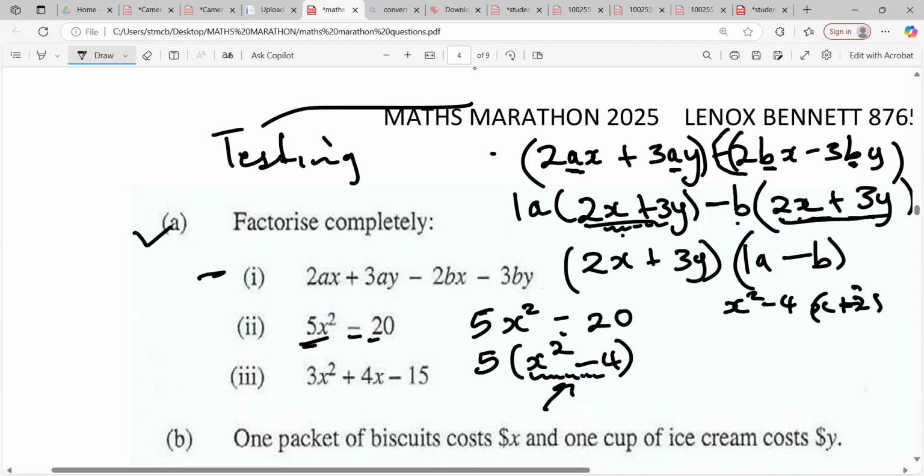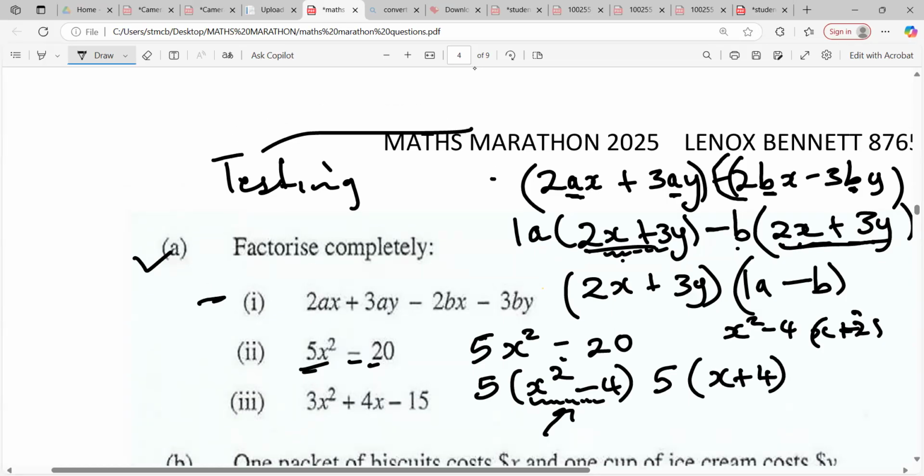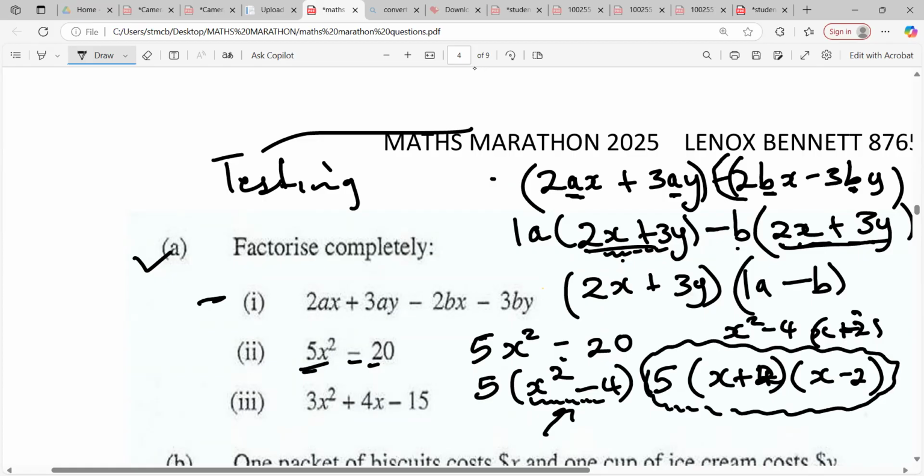So as I was saying, we can further factorize this difference of two squares. So we have the 5, then x plus 2 and x minus 2. So you can actually further factorize this. I'm wondering if you leave it like this, if you get the mark.